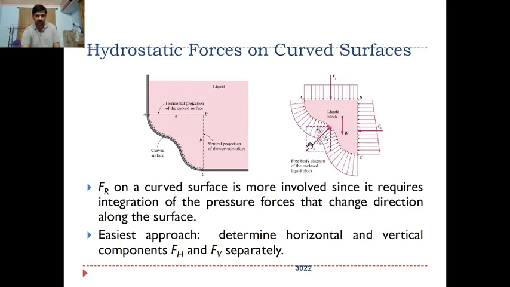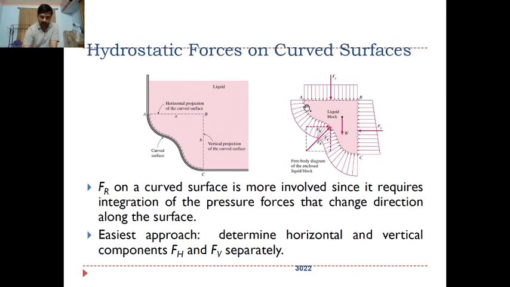The resultant of these two will be acting on the curved surface. So you need to determine the vertical component as well as the horizontal component. The vertical component is just due to the weight of the liquid on top of the curved surface.